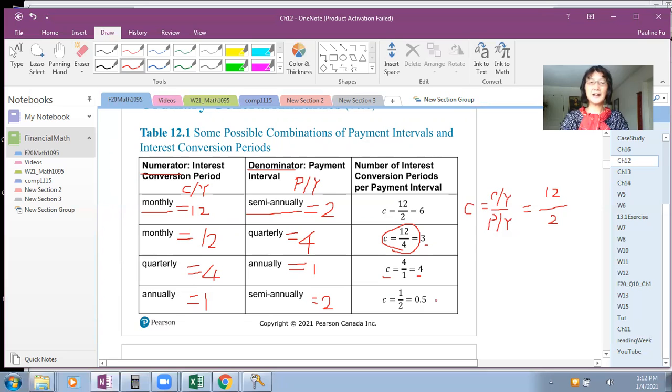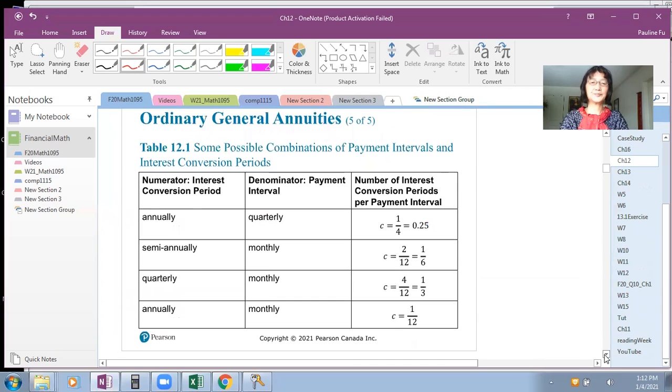So that is the calculation for C, the number of interest conversion periods per payment interval. Here are other examples. If interest is compounded annually, CY equals 1.